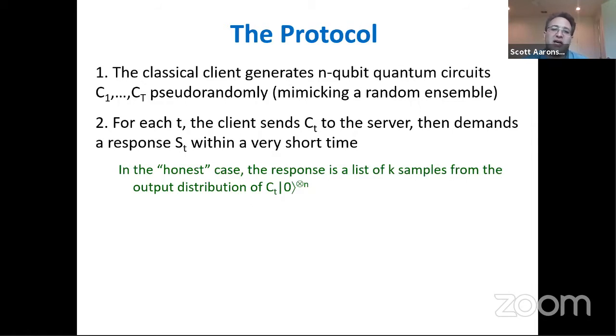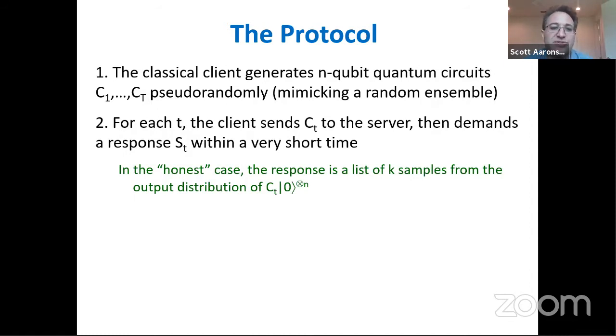And it demands back a response, which we'll call S sub t, within a very short time, like say a second. Now, in the honest case, that response would simply be a list of k independent samples from the output distribution that you get by applying C sub t to the all-zero initial state and then measuring in the computational basis.